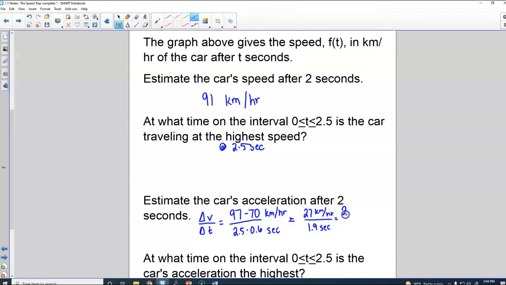So we're going to have 27 kilometers per hour. You could use a chart here. I'm just going to do 1.9 divided by 3,600. It's 0.000528. So 27 divided by that number is, hold on. I'm doing something wrong here. What have I done?